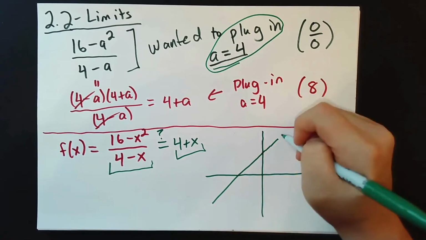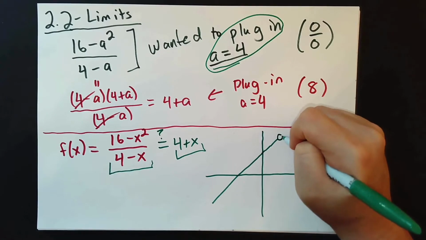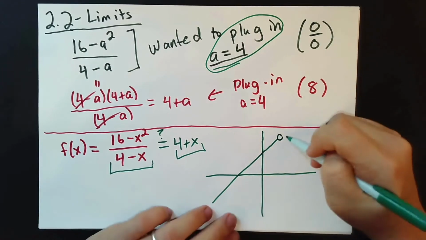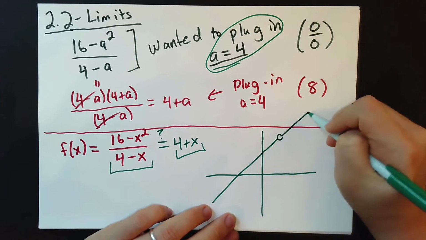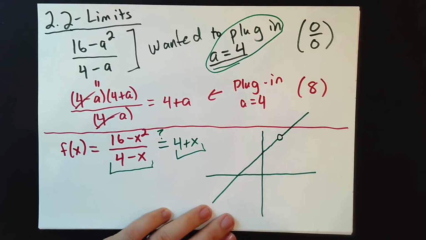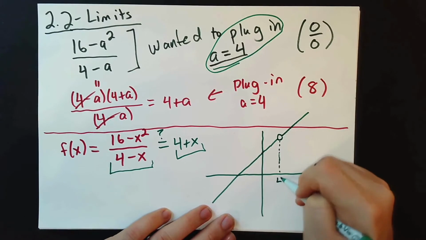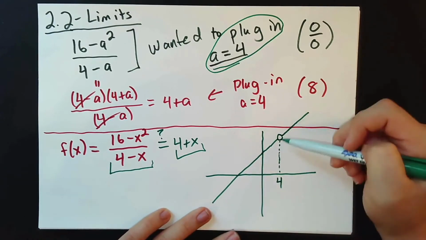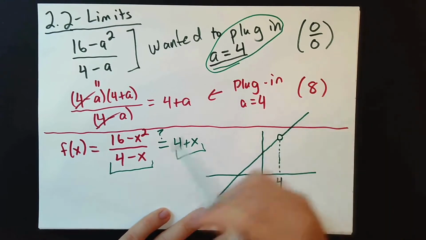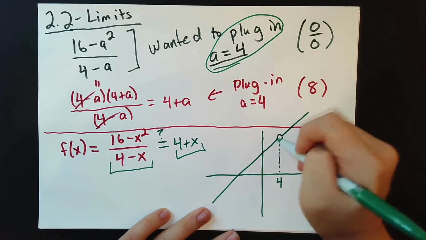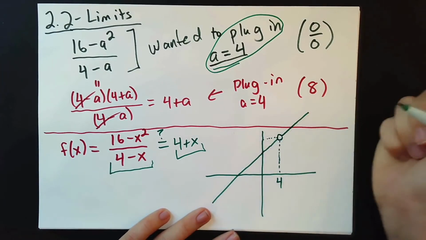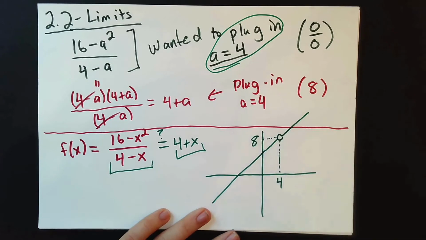And the way that shows up in the graph is that there's a hole in it. Namely, if I graph the thing on the left, I end up with, at the input 4, rather than getting 8, I get nothing. But the y-coordinate of this hole is still very much 8.